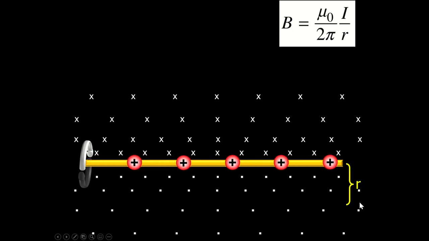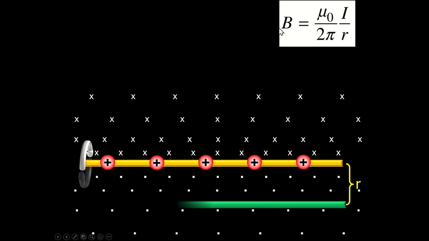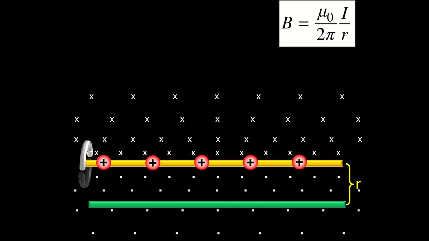Now, this equation could calculate how strong the field would be out here at some distance. If I know the current, the distance, the permeability, and 2 and pi, I can calculate the strength of that field. All right, you ready for this?